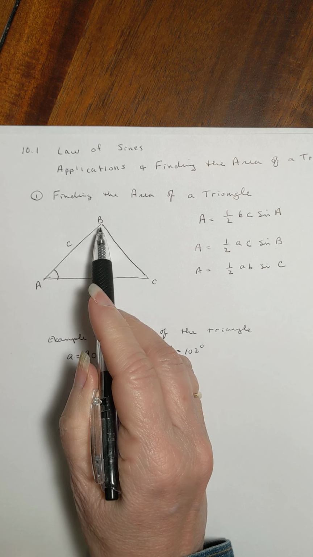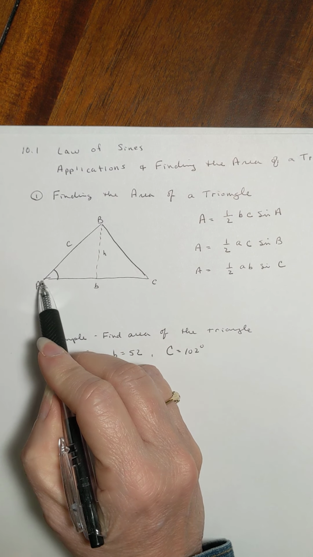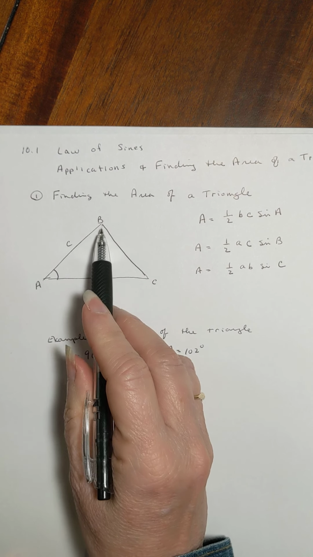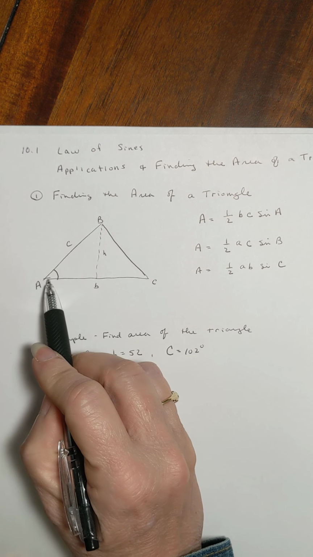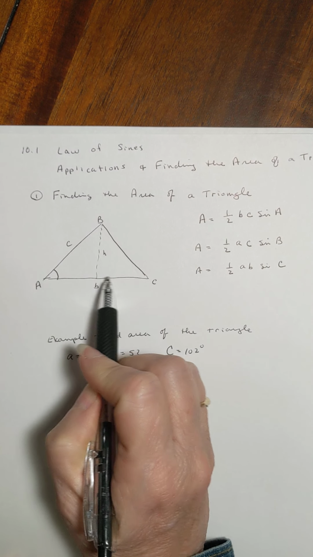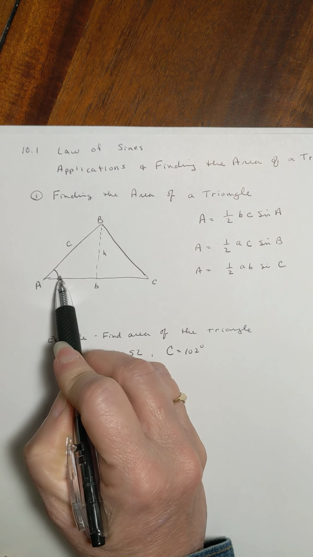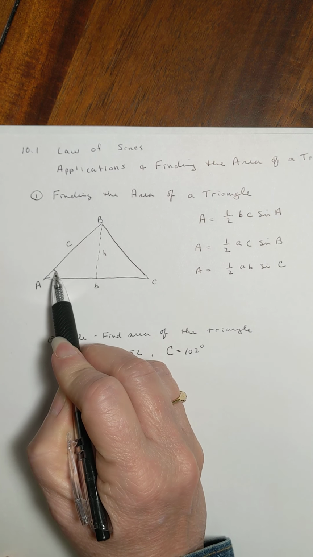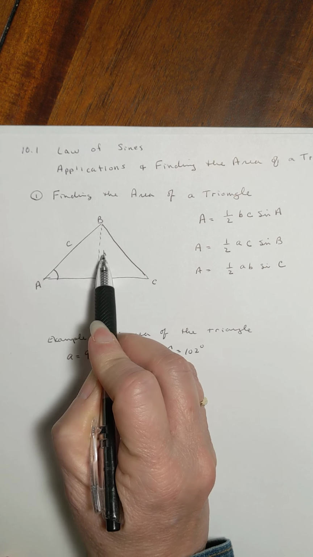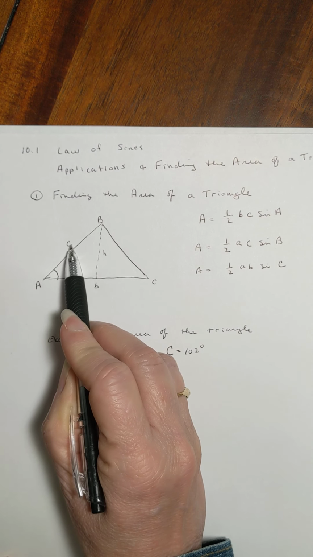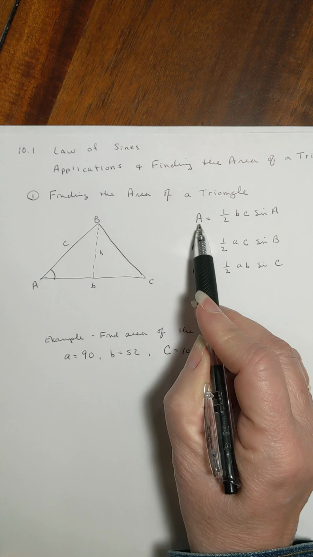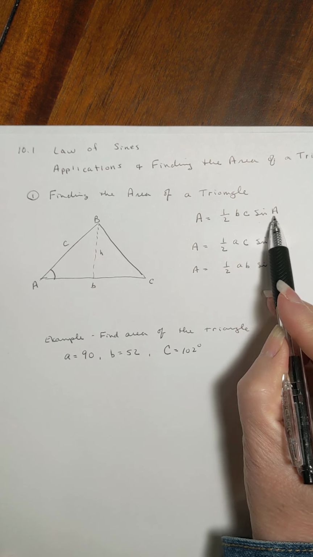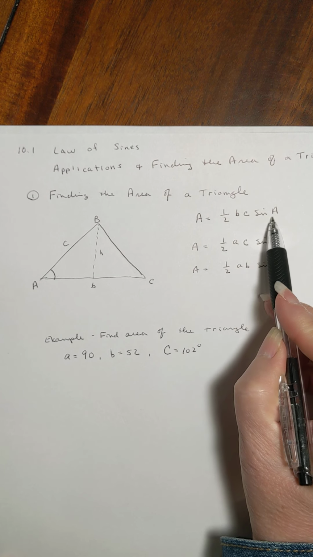Here, if I know angle A and I know sides B and C, I can figure out the height because I have the base and I know angle A. The sine of A would be the height over C. That gives me this formula: one half the base, and then C sine of A would be the height.